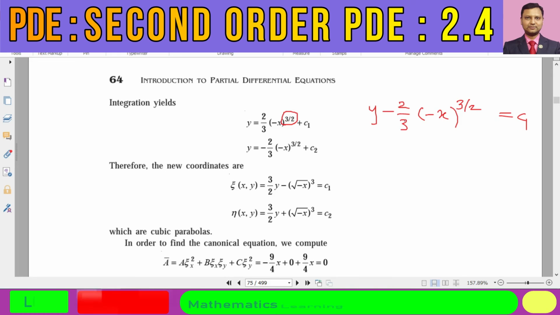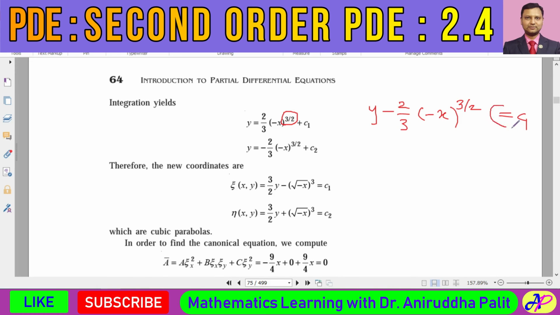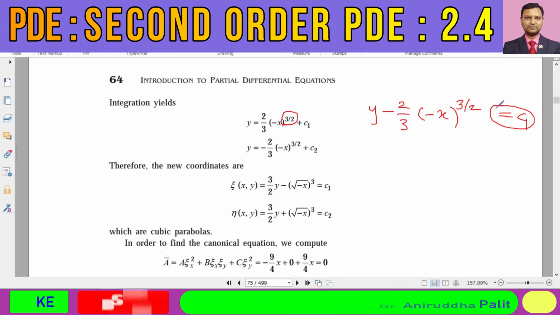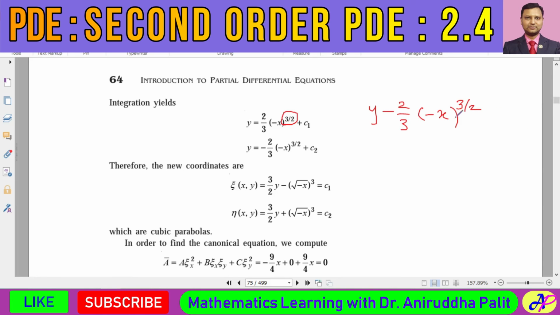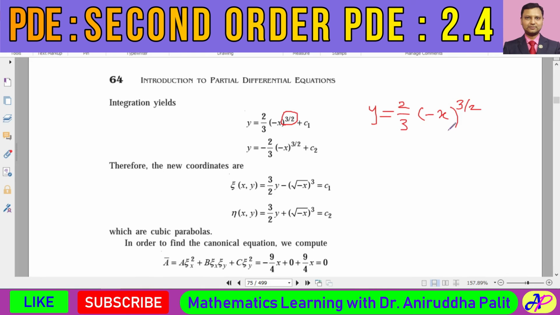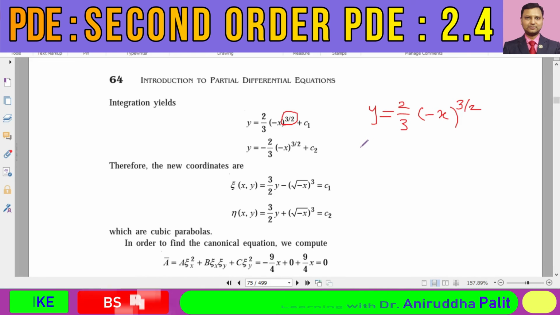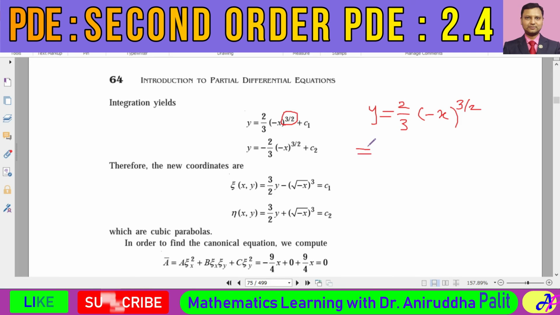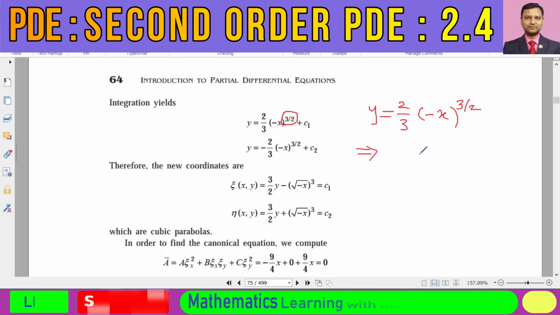But over here, forget about the constant for the timing, just forget about this constant. In that case, this would be the expression, this is equal to 0, or in other words, y is equal to 2 by 3 into minus x to the power of 3 by 2, that would be the expression. Now in order to make the calculation simple, we are taking the square of both sides.